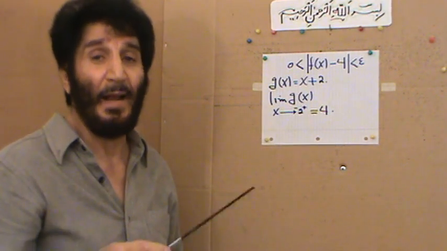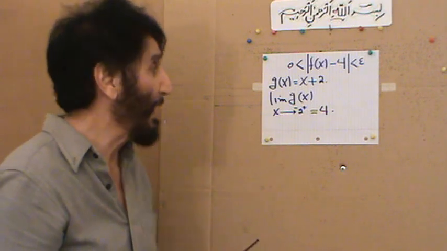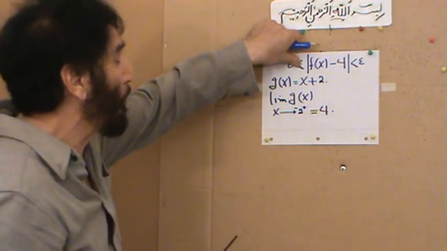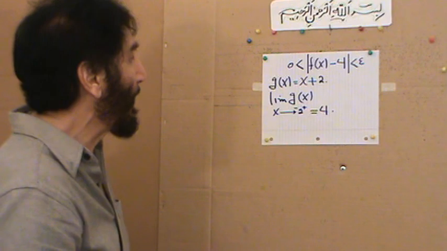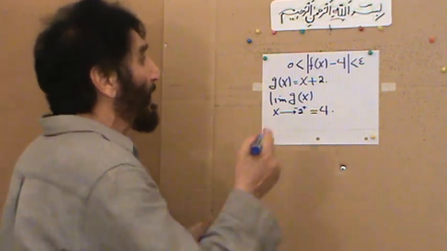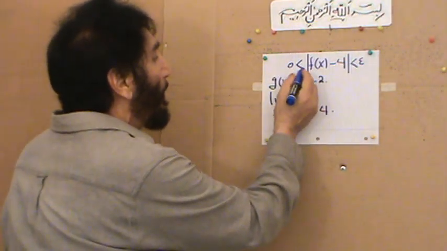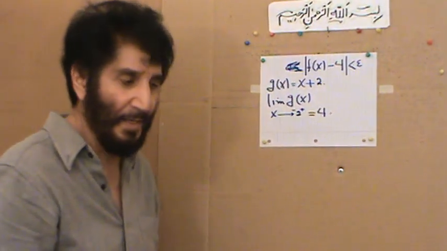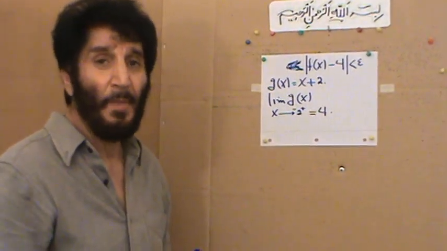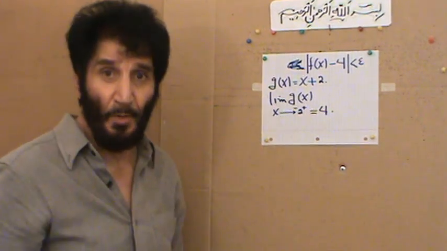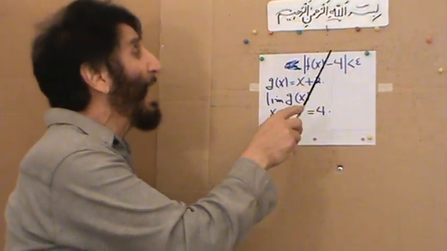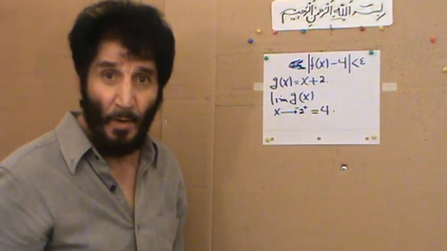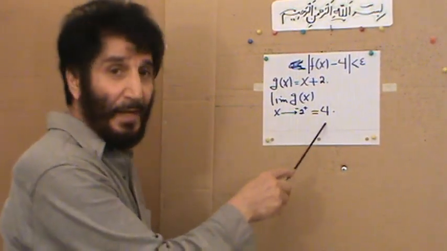That means the graph of the function cannot be continuous. That is the reason we don't put this one here. So we say the absolute value of f of x minus L is less than epsilon, but not greater than 0, which means f of x can assume the value of 4. And in this case, it does, in fact.